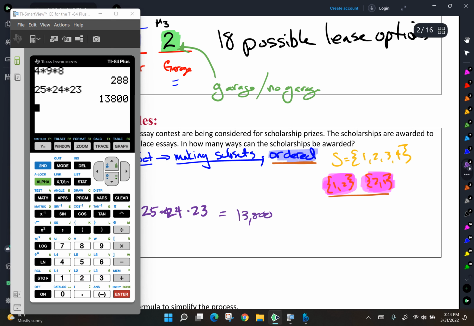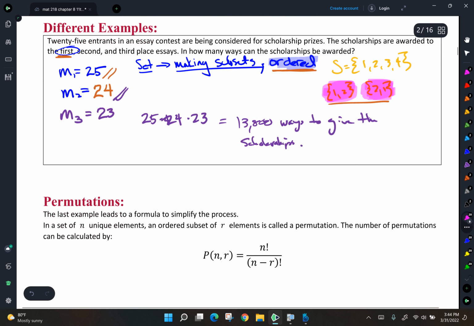All right, so what we technically just did in that example is called a permutation. Okay? And this is going to give us a formula down here to simplify that process. And so the formula reads, in a set of n unique elements, so n things you can tell them apart, an ordered subset of r elements is called a permutation. Right?